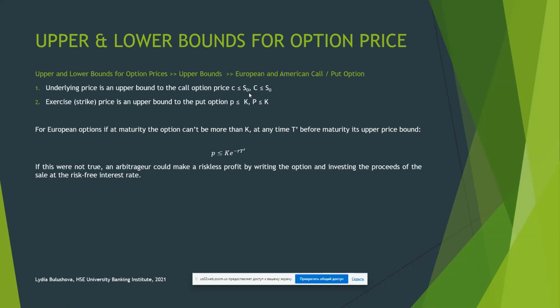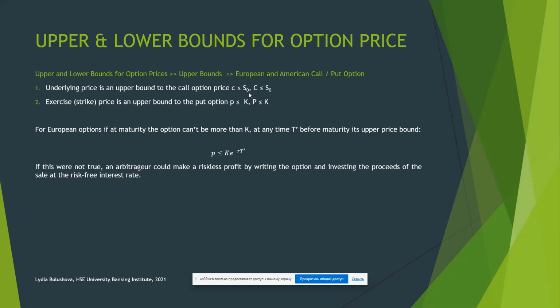So for European options, if at maturity the option can't be more than K, at any time before the maturity its upper price bound is less or equal to K multiplied by a discount factor.